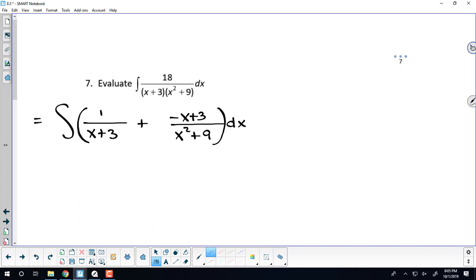So the first one's log form. The second one, we've said that we have to break this up. We have to look at it as negative x over x squared plus 9 and 3 over x squared plus 9. Just go ahead and split all of these up.